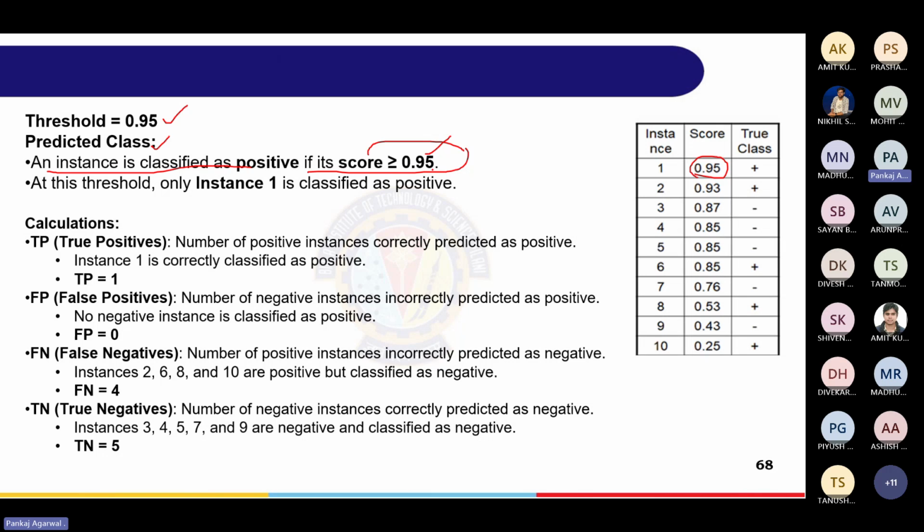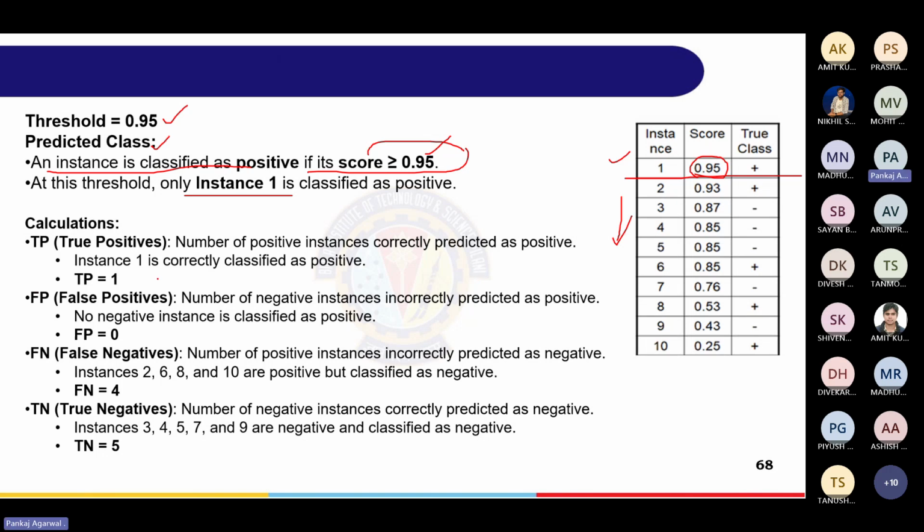Wherever the value is greater than or equal to 0.95, the instance would be classified as positive. The rest would be negative. In this particular table, only one instance would be there, obviously. This is the only instance which can be classified as positive. The rest would be negative. Well understood.